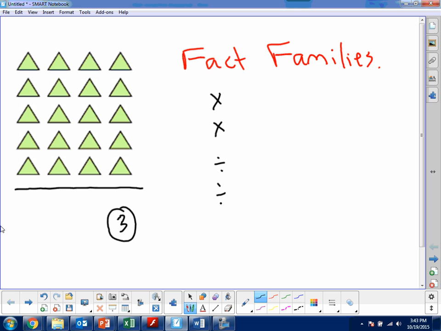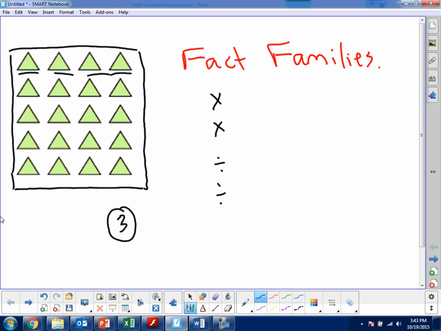First off, notice how the array has rows going up and down, or rows going across. Now, we can find our three numbers that we're going to use to create a fact family for this array by counting how many rows there are going across, and how many rows there are going up and down.